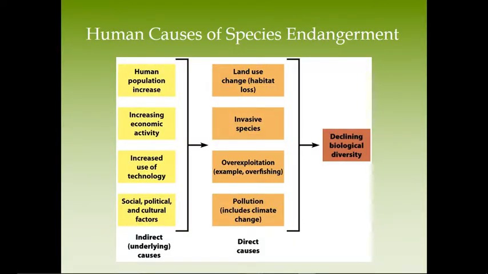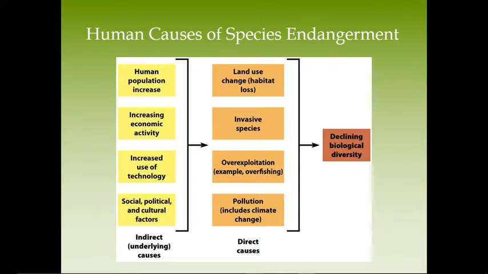There are many causes of declining biological diversity, but a lot of them are found to be human-based. For example, some indirect causes such as human population increase or increased economic activity usually lead to direct causes, such as land use change and overexploitation.